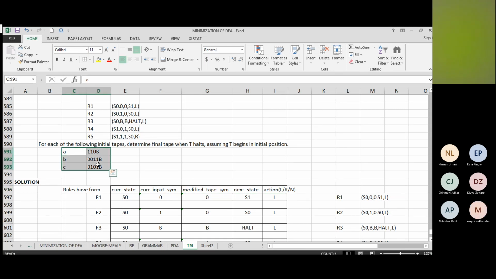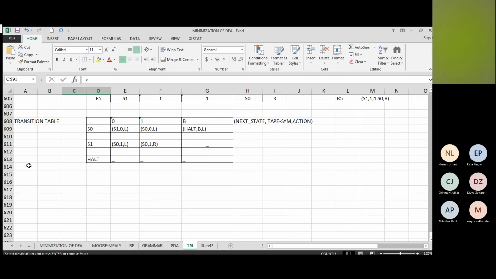So now we need to give the visualization of tape with the A. We give the new visualization of A on input tape. So it is 100 B 1 1.